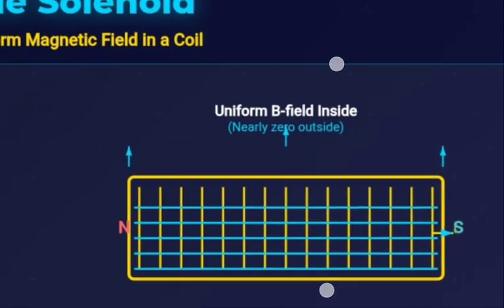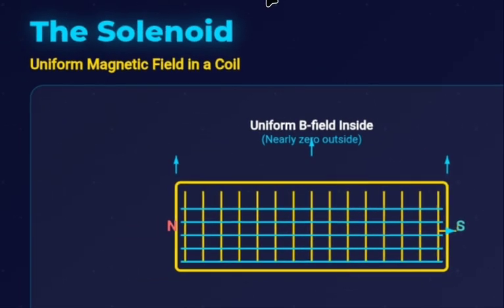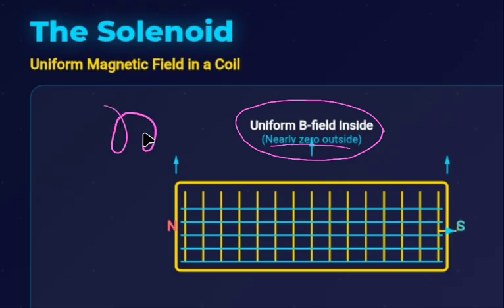This is a solenoid. So uniform magnetic field. Inside the solenoid, uniform magnetic field is maintained. Outside, it is nearly equal to 0. Solenoid means naturally like this.